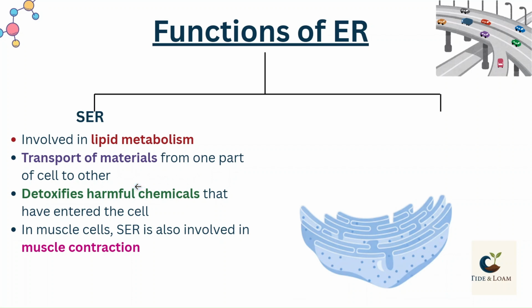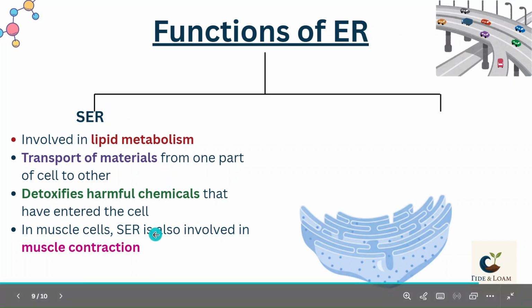So endoplasmic reticulum helps in transport of materials from one part of cell to the other. Another important function of SER is it detoxifies harmful chemicals that have entered the cell. हार्मफुल केमिकल, ऐसे केमिकल जो सेल के लिए हार्मफुल है, उनको डिटॉक्सिफिकेशन करना. This function is also performed by SER, smooth endoplasmic reticulum.